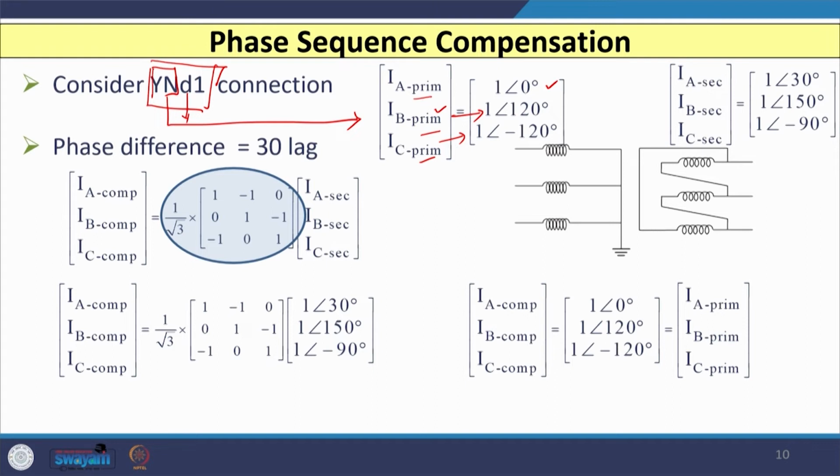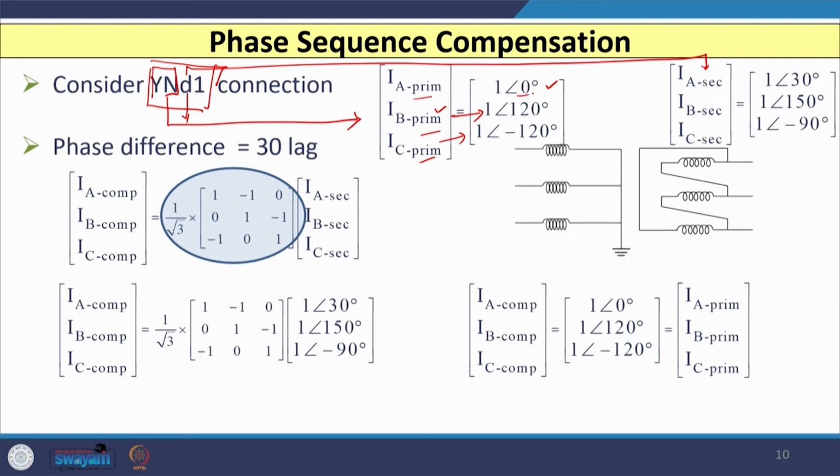Now, on the other hand, if I consider the delta side currents, which I have denoted as secondary. My IA secondary will be, because as I told you, the meaning of Y and D1 is that my delta side phasor is again lagging by an angle of 30° with reference to the star side.